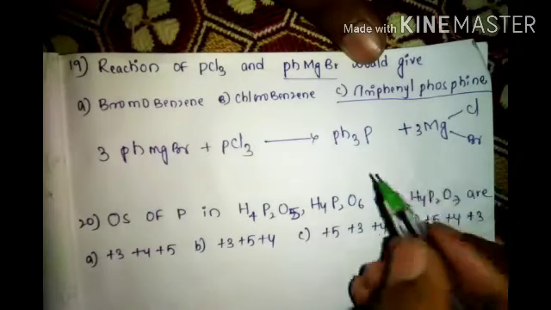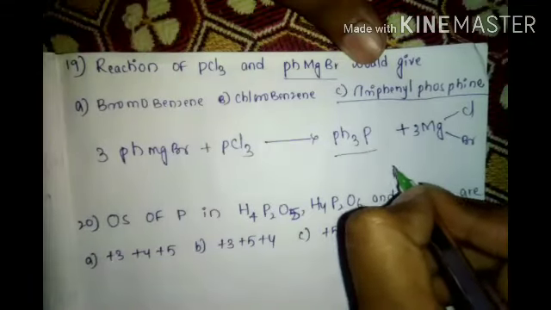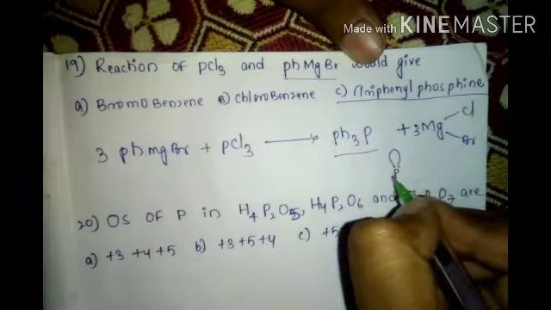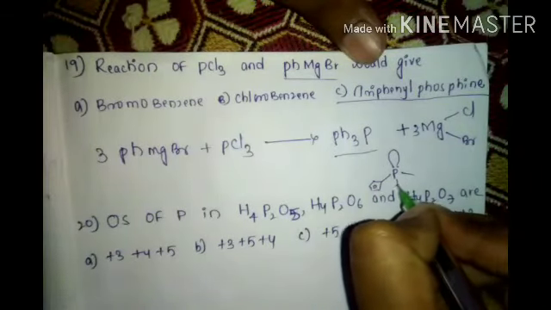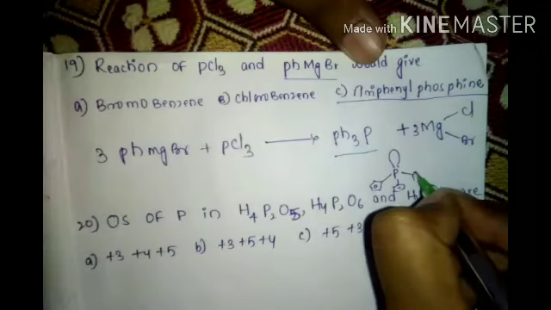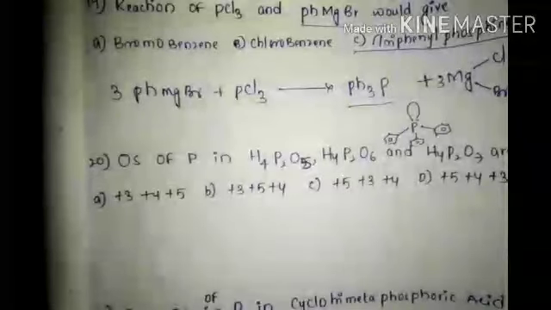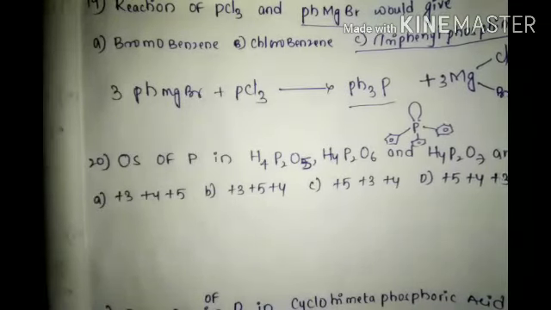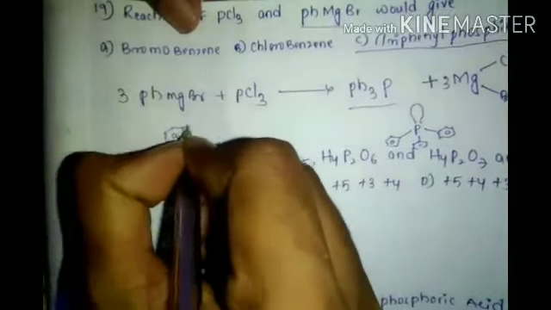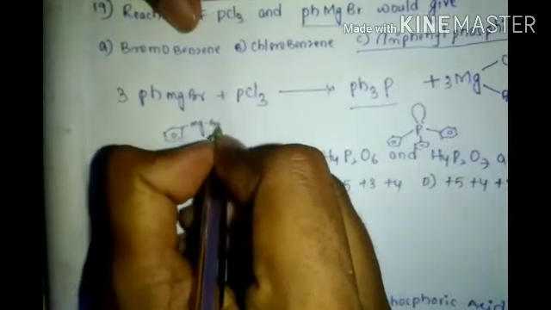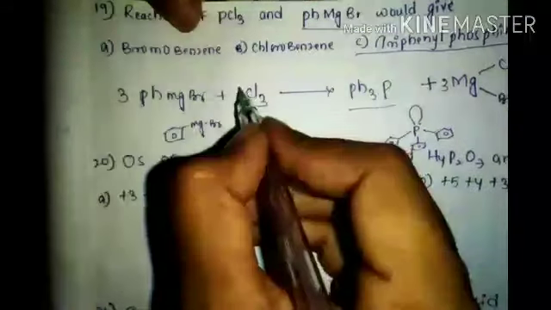The structure of triphenylphosphine: phosphorus with a lone pair upside and 3 benzenes downside. Here phenyl MgBr.